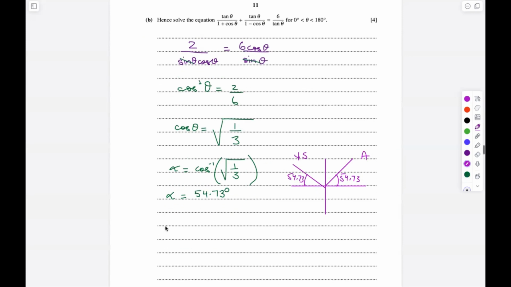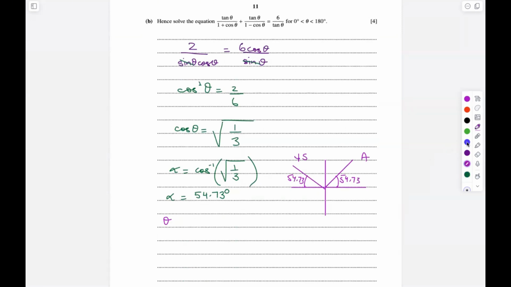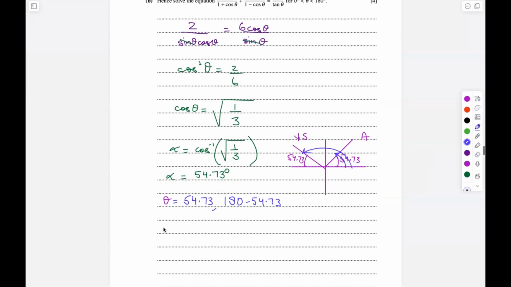So the first angle for theta, from the positive x-axis anti-clockwise, is 54.73 degrees. And the second angle will be 180 minus 54.73 degrees. So the final answer to 3 significant figures or 1 decimal place, as it is an angle, will be 54.7 degrees. And the second answer will be 125.3 degrees.